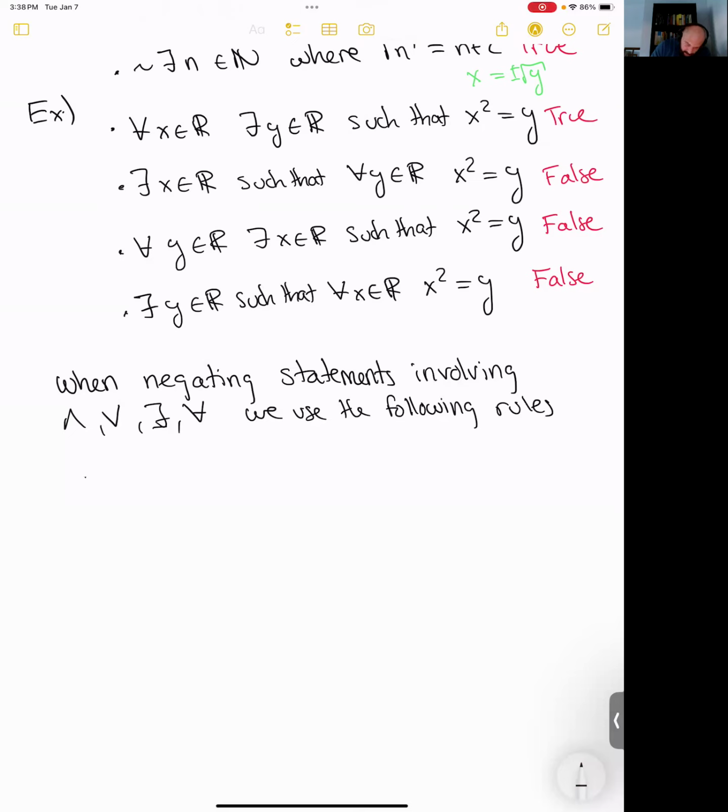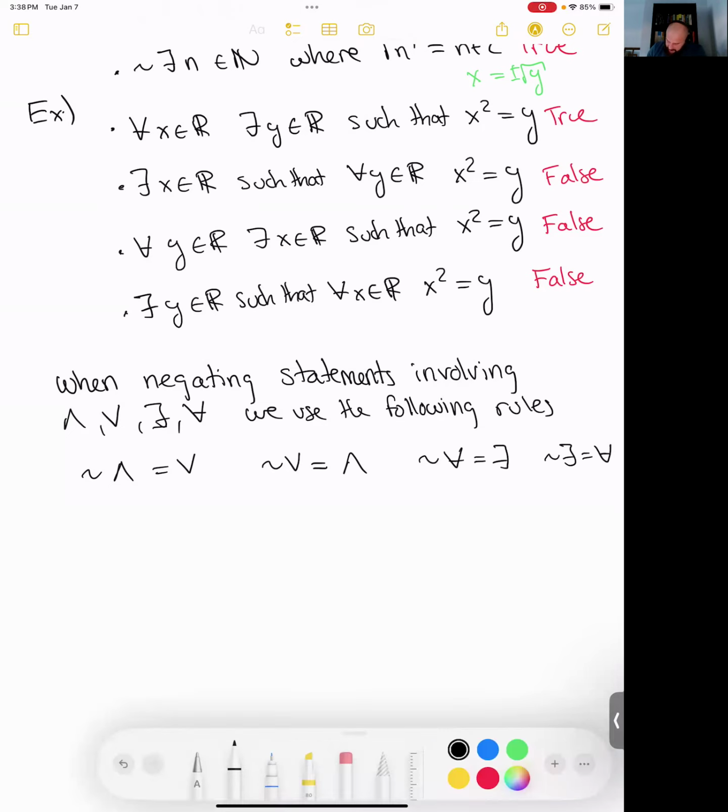These are going to be like shorthand rules here. So the not of and is an or. We saw that with De Morgan's law. The not of an or is an and, the not of for all is there exists, and the not of there exists is a for all.